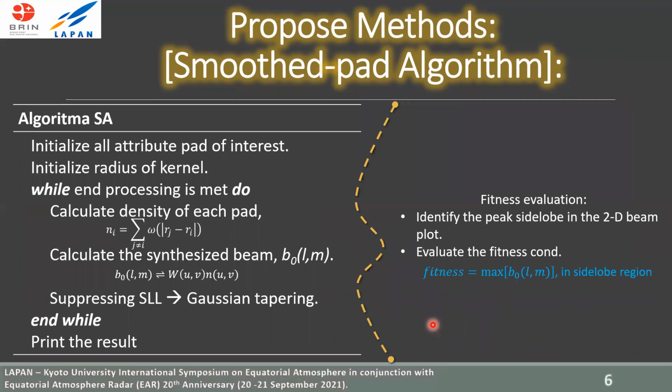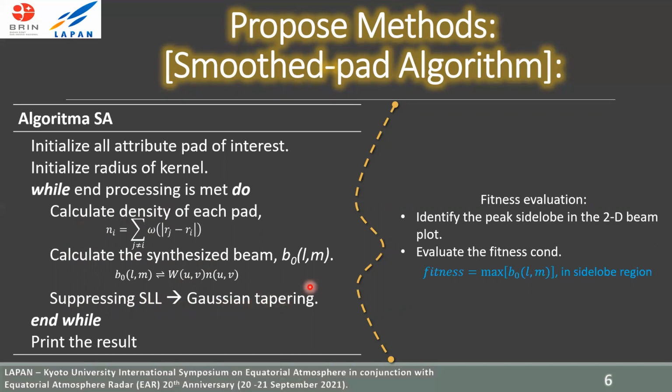For the algorithm of our proposed method, firstly we initialize all attributes, the path of interest and the radius of kernel. For the processing, we do three calculations. First, the density of each path with this formulation; then we calculate the synthesized beam; and lastly we suppress the side lobe level based on Gaussian tapering.